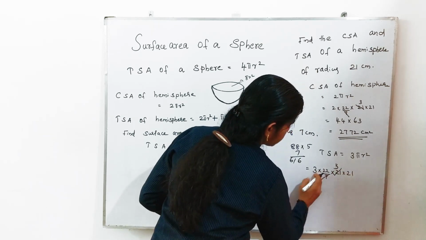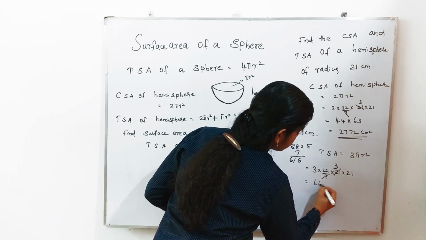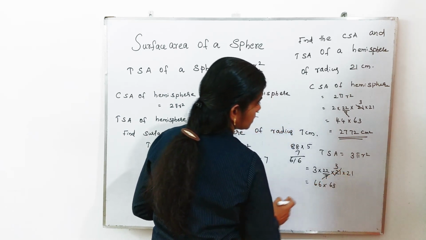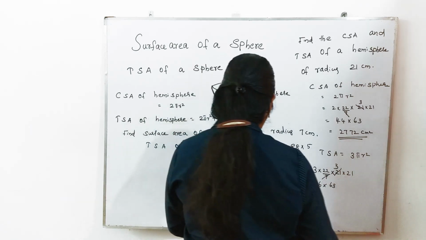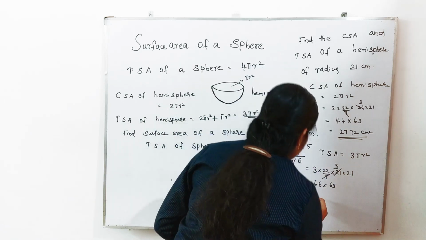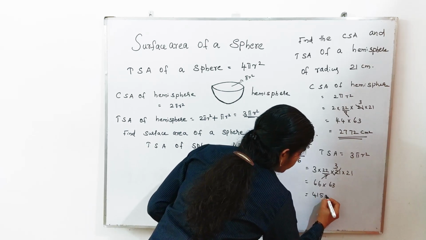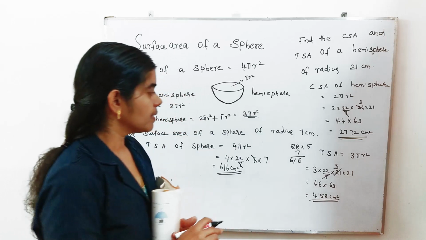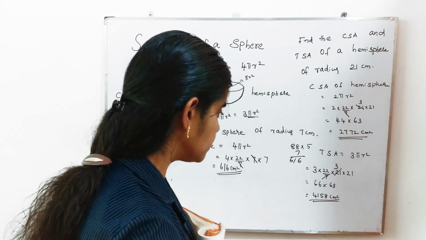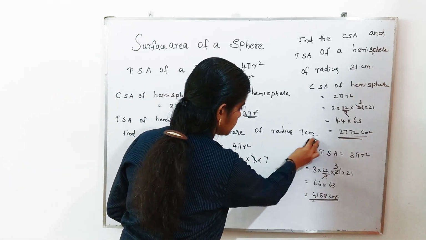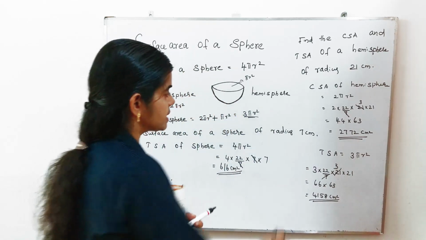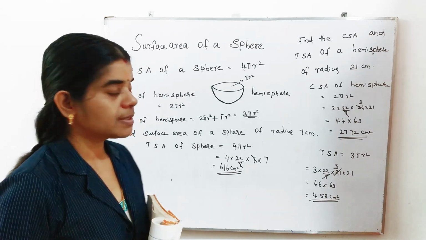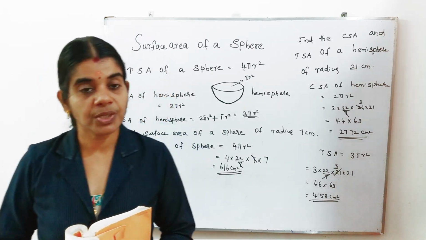Then 3 into 22 means 66, into 63. 66 into 63 is 4158 centimeter square. This will be the total surface area, and curved surface area both we found out. Okay students, we can meet in the next class.